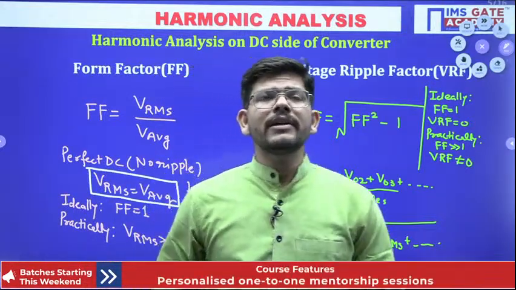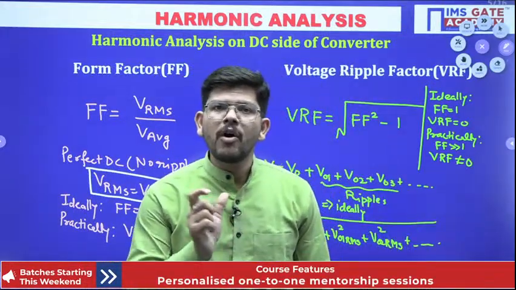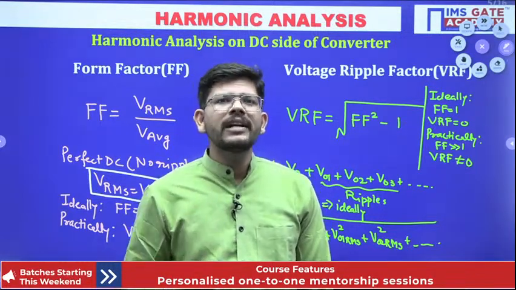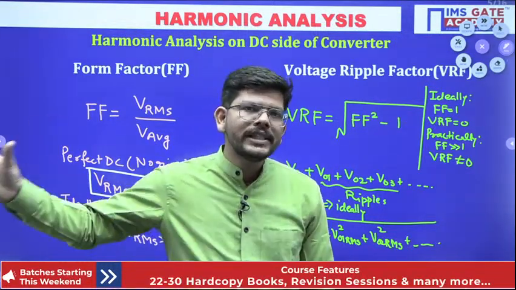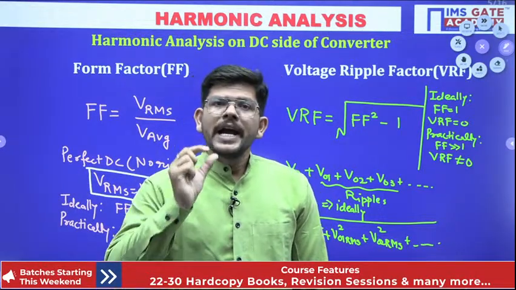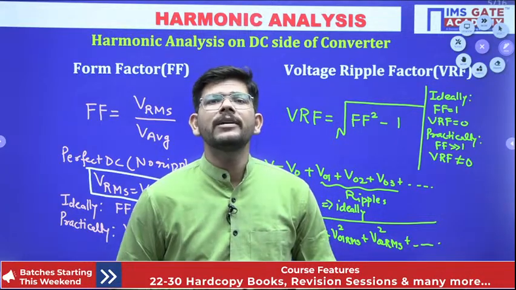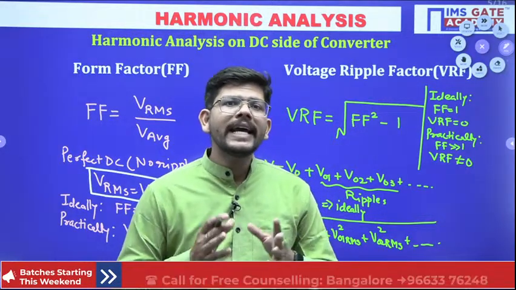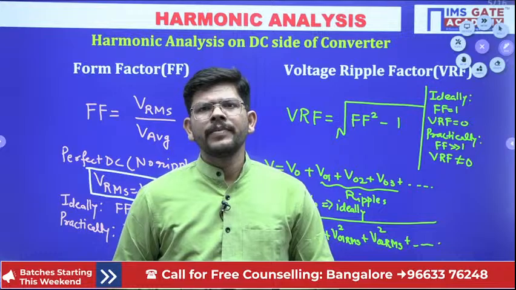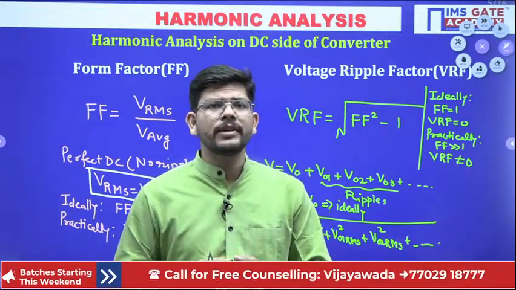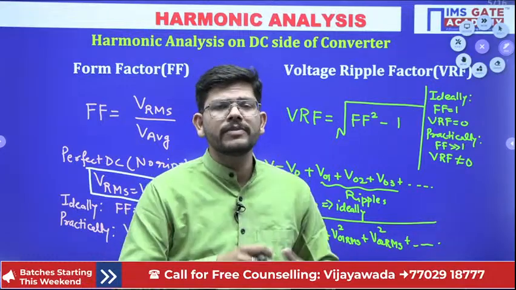So these factors, voltage ripple factor and form factor, will be used to analyze the ripple content and harmonic content on the DC side of the converter. Current distortion factor and total harmonic distortion are the terms that will be used to analyze the AC side of the converter. I have seen students confused about these four terms, about which particular term to use.